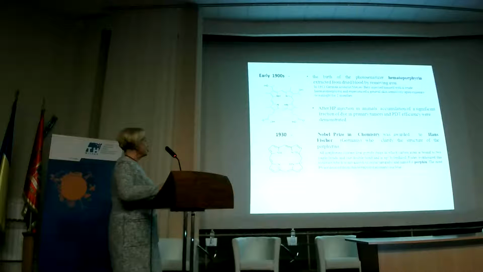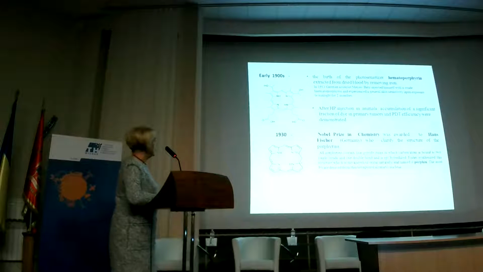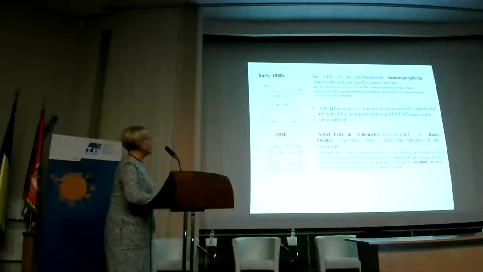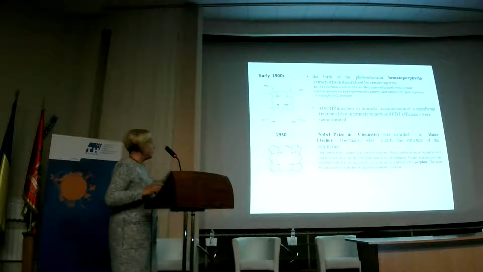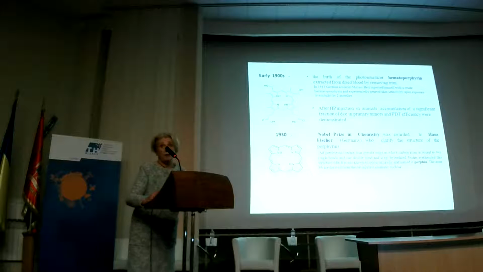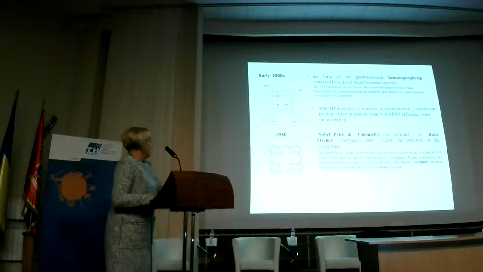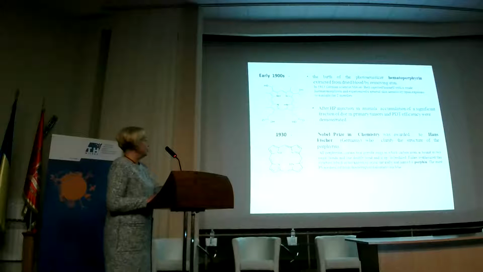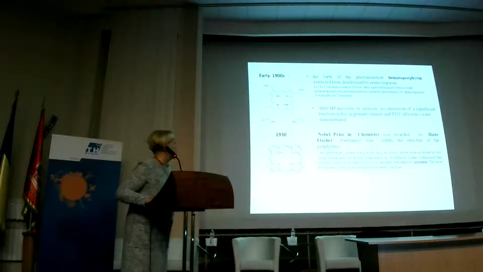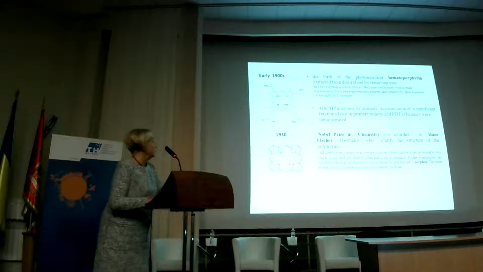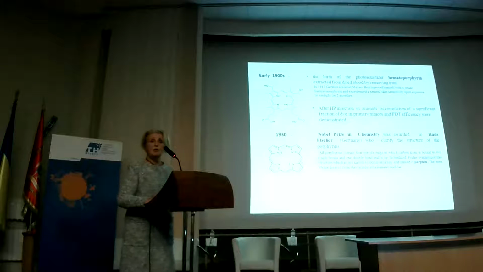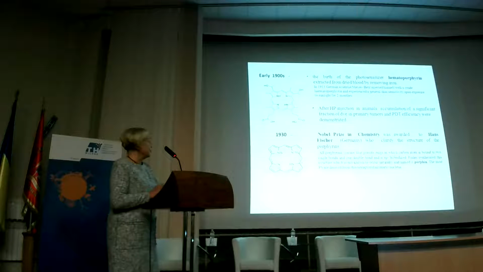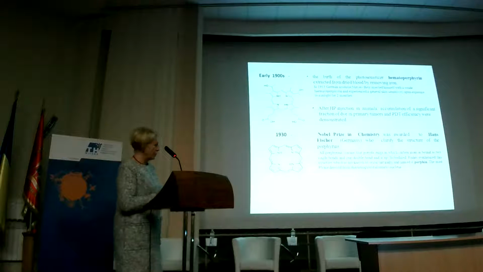And Hans Fischer showed that all porphyrins contain 4 pyrrole rings, in which carbon atoms are bound by single bonds and one double bond, and this is sp2 hybridized. Fischer synthesized this structure, named porphyrin. And most photosensitizers, even modern synthetic ones, are derived from this tetrapyrrolic structure.